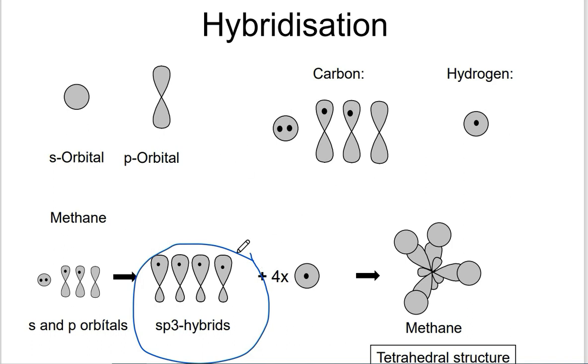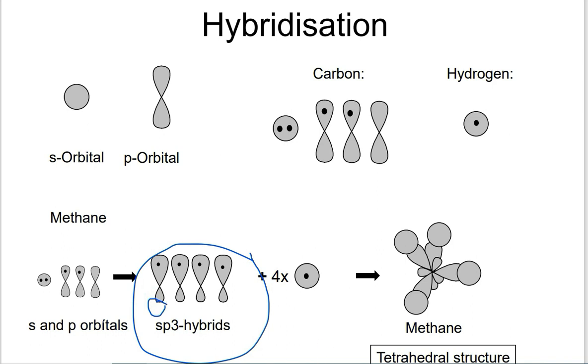Now, the sp3 hybrid orbitals are equal, and each of them holds one electron for the carbon, coming from the carbon, and in the other lobe, they can also receive one electron coming from hydrogen, for example.